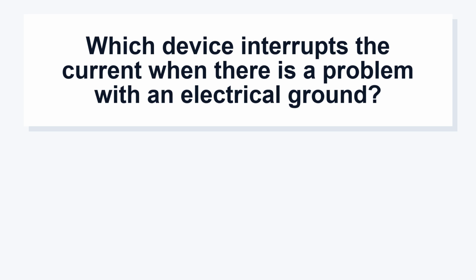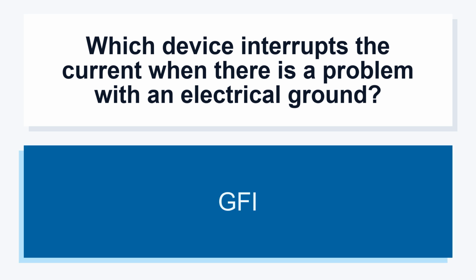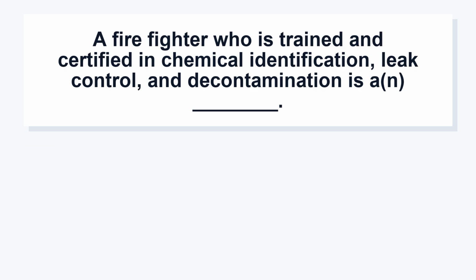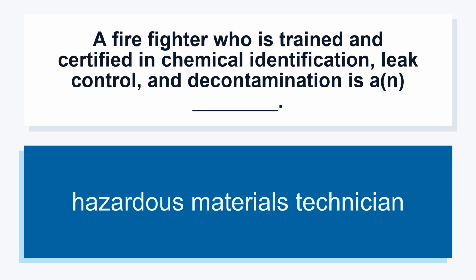Which device interrupts the current when there is a problem with an electrical ground? GFI. A firefighter who is trained and certified in chemical identification, leak control, and decontamination is a hazardous materials technician.